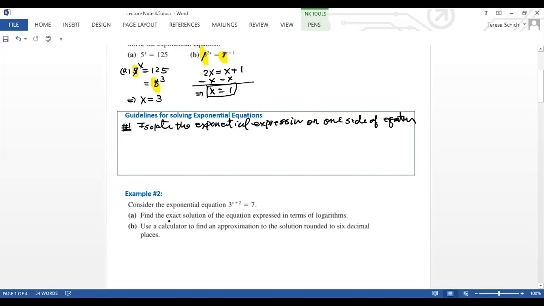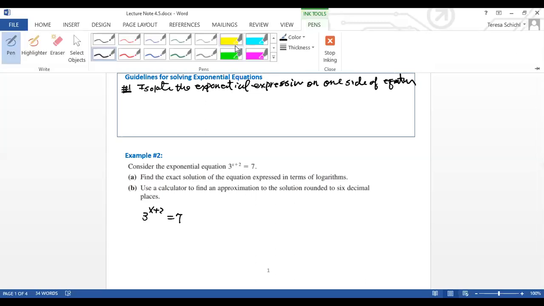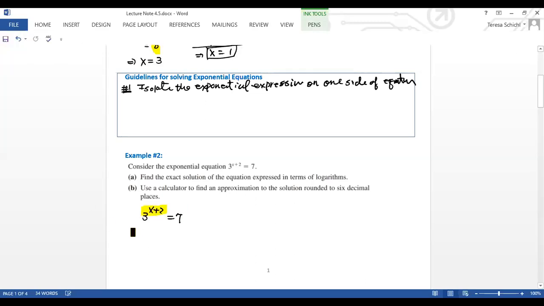So for this problem, let's try to solve 3 to the x plus 2 equal to 7. For this problem, the exponential expression is already on one side. That's good, we don't need to do anything else.